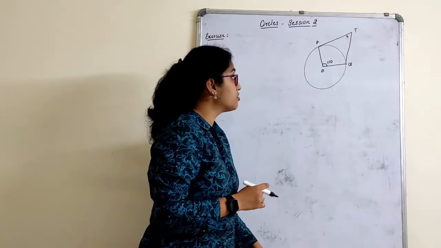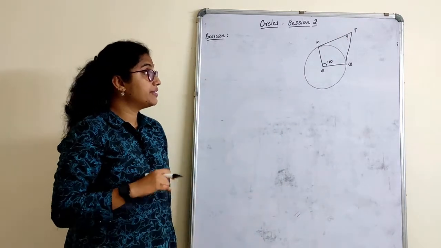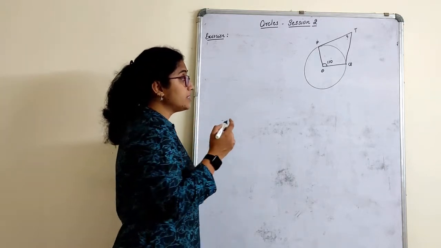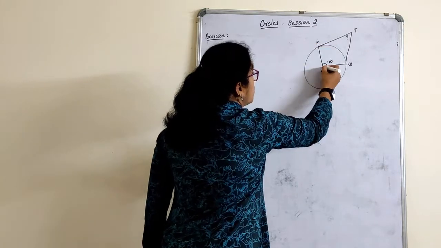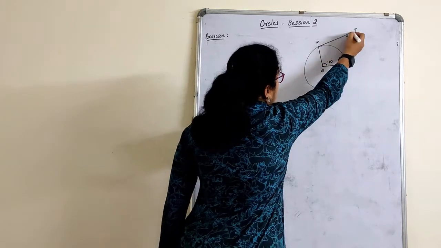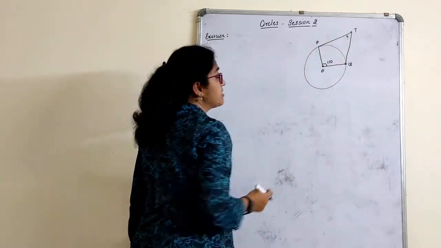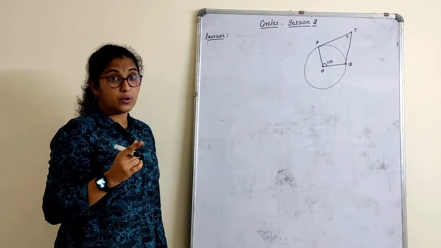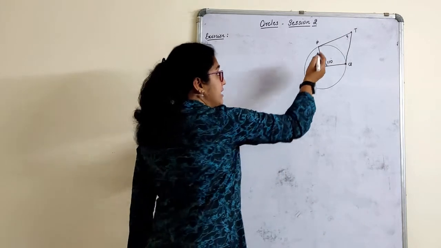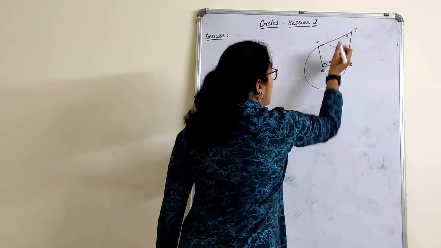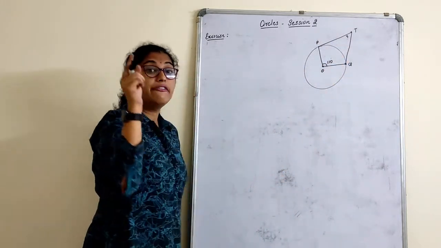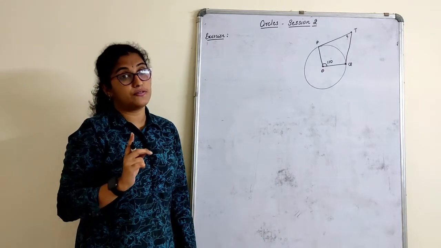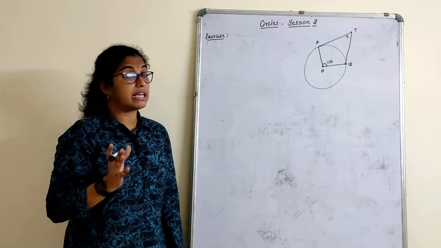Now actually in the construction part we study that wherever we draw tangents to a circle from an external point, that forms a quadrilateral. And if you take that external point, bisect it and draw a circle, you actually get a cyclic quadrilateral where POQT points will touch the circumference of the circle. And that becomes a cyclic quadrilateral.